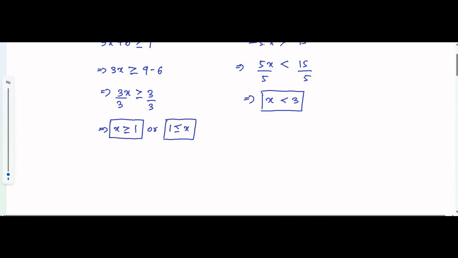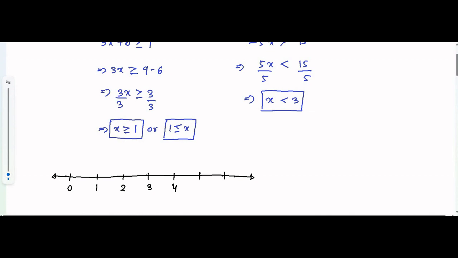So for 1 lesser than or equal to x, or x greater than or equal to 1, the number line will be simply, okay, so we have 0, we have 1, we have 2, we have 3, 4, like this it goes on and on and on. So first we have 1, x is greater than or equal to 1.